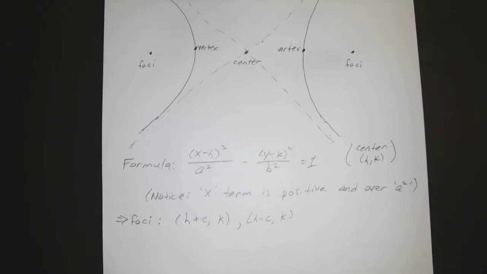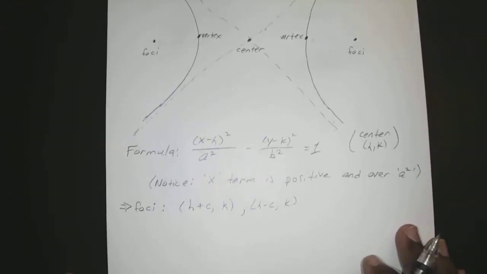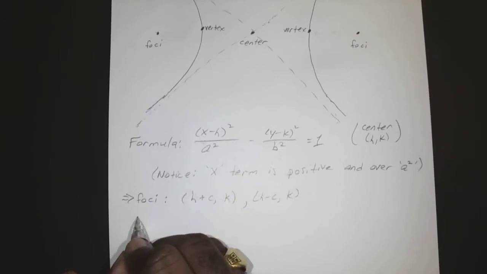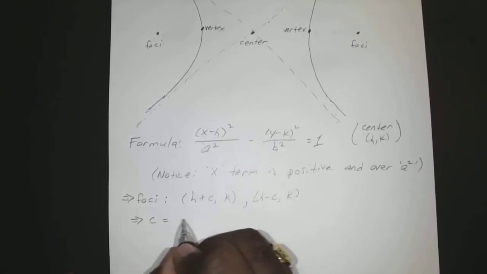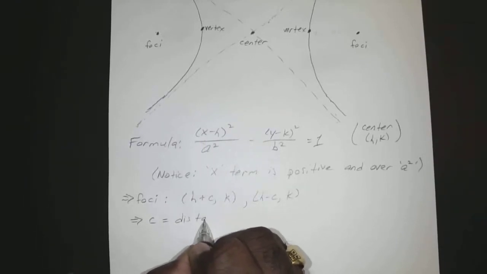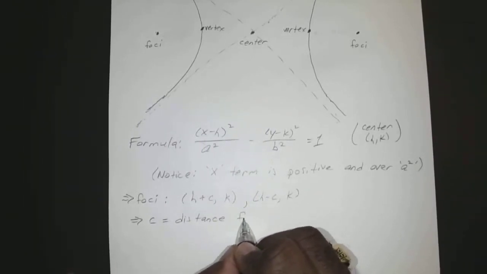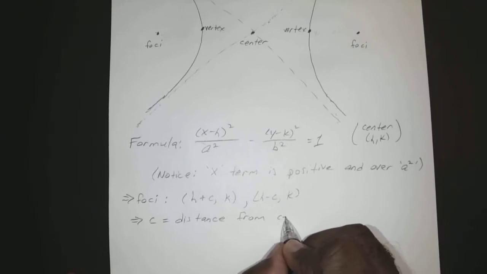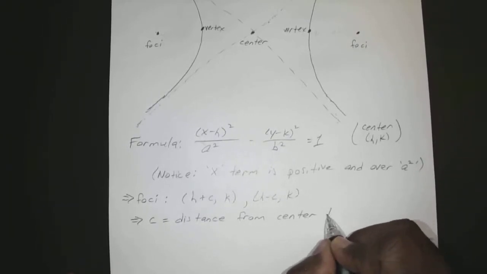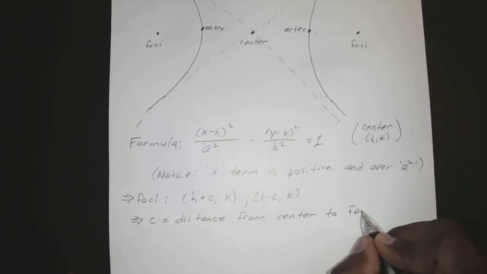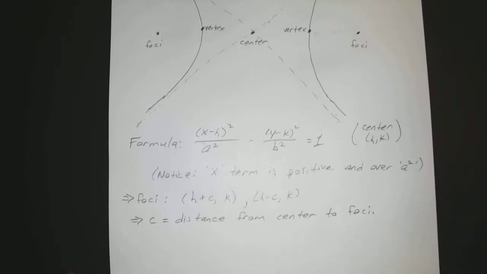So you can see from there that c is the distance from the center to the focus points. So c equals the distance from the center to the focus points.